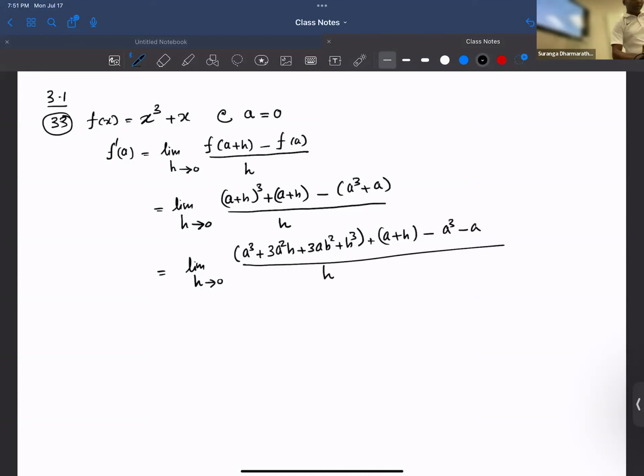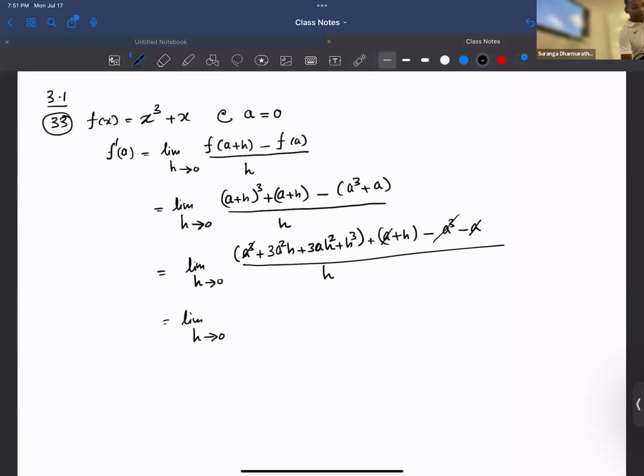Now we have the term a cubed here and negative a cubed here, so we can cancel these two out. And then we have a here, negative a here. Cancel these two out. So we have limit h goes to 0. So this should be a, okay, not b. So I can take h out from all these terms, right?